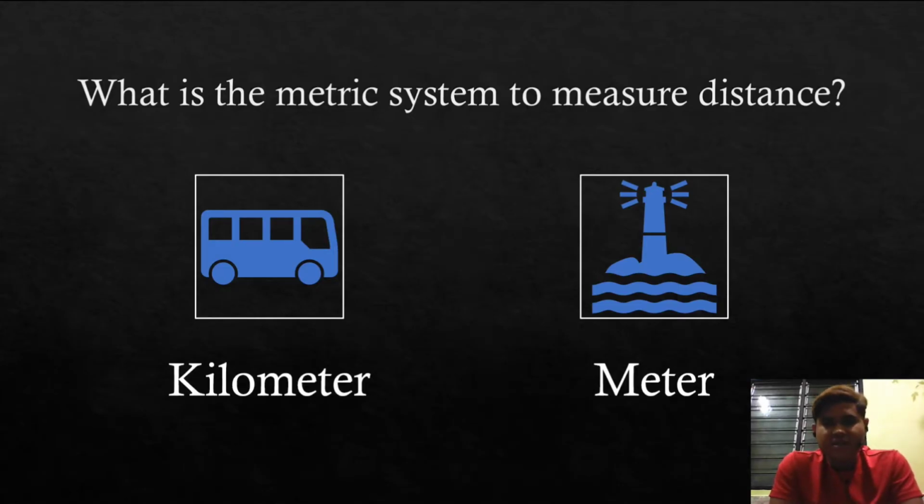What is the metric system to measure distance? In this world we have a lot of metric systems, but the common ones that we use are kilometer and meter. But we also have centimeter and millimeter.